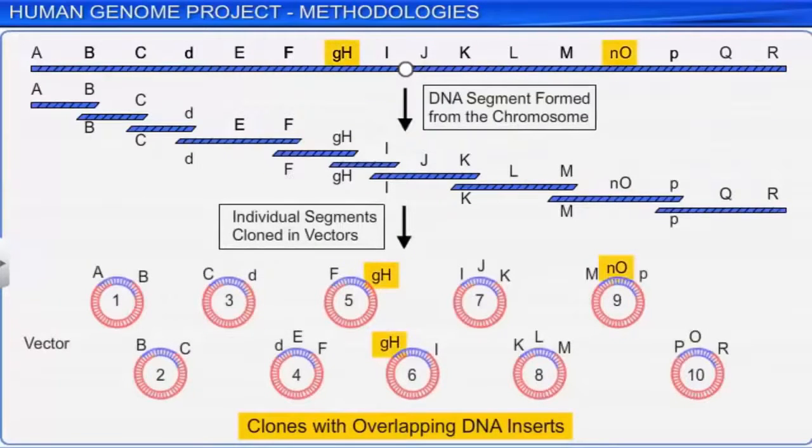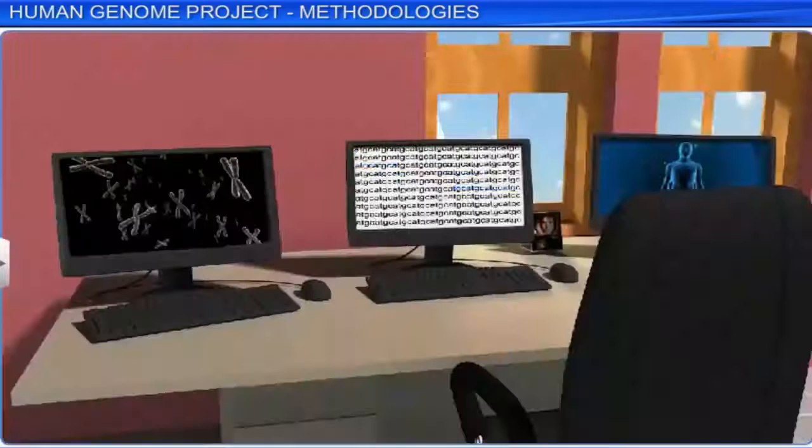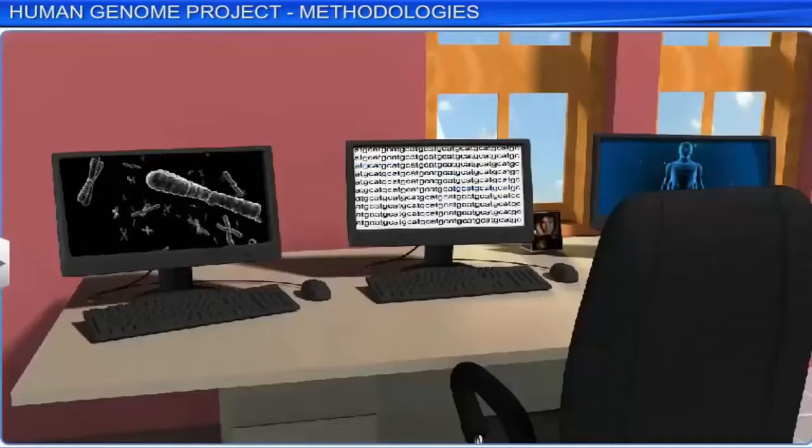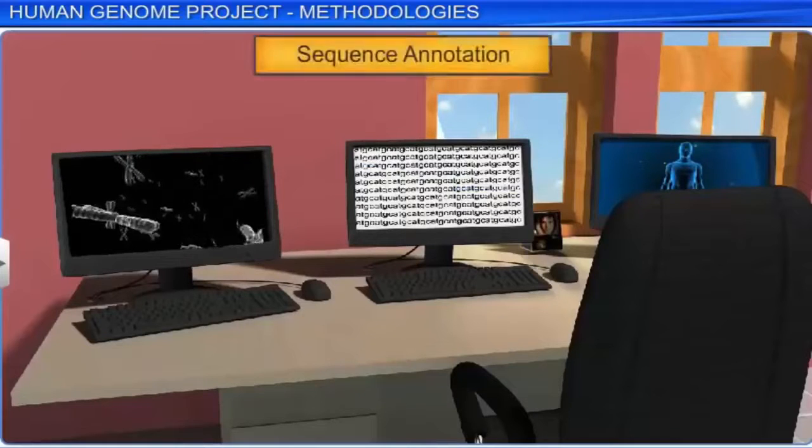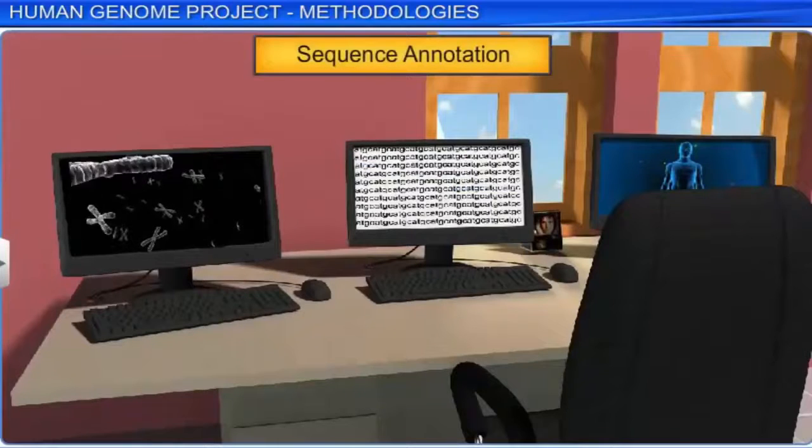For this, overlapping segments were generated. However, aligning this was not an easy task. Therefore, specialized computer-based programs were developed that annotated these sequences and assigned to a chromosome.